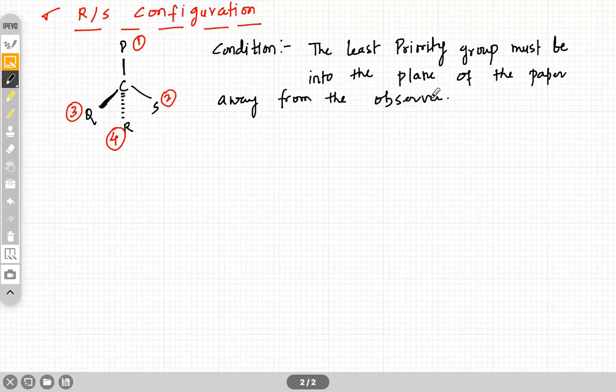Away from the observer means going into the plane along this line, correct? This is the condition we have. You must consider this. If it is not there, we'll discuss that later. But this is what you have to have: the least priority group must be into the plane of the paper, away from the observer, along this dotted line that we have.